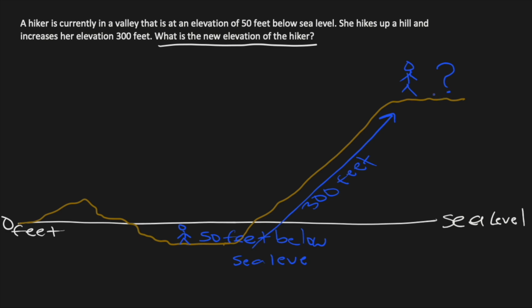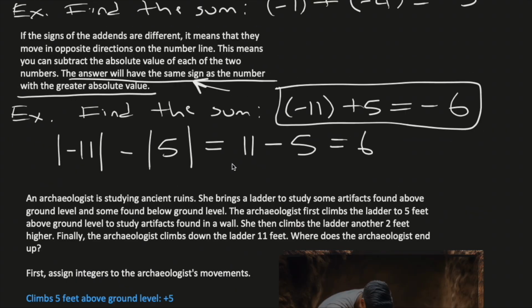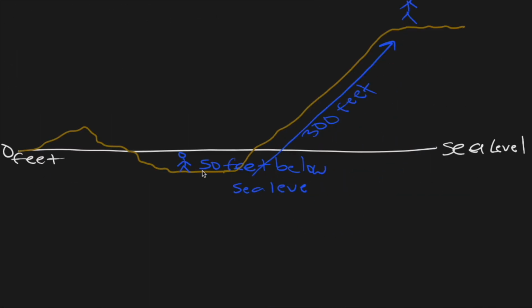So I think the best way to go around this to find this answer is set up your equation. We know that she was 500 feet below, so a negative value. She was 500 feet below, which could be interpreted as a negative value, and we can put that as negative 500.